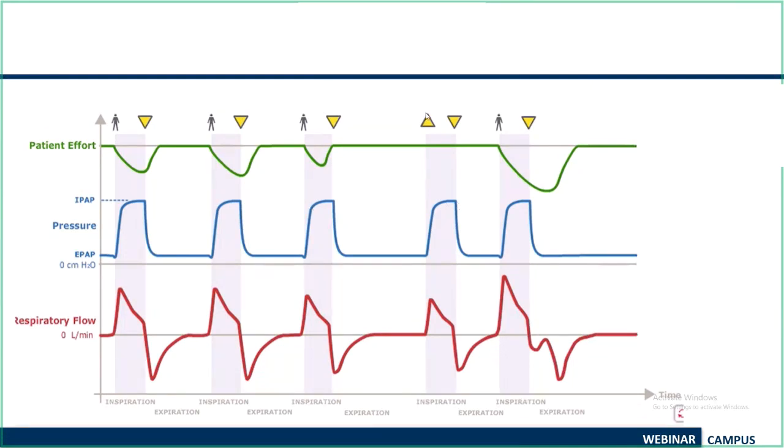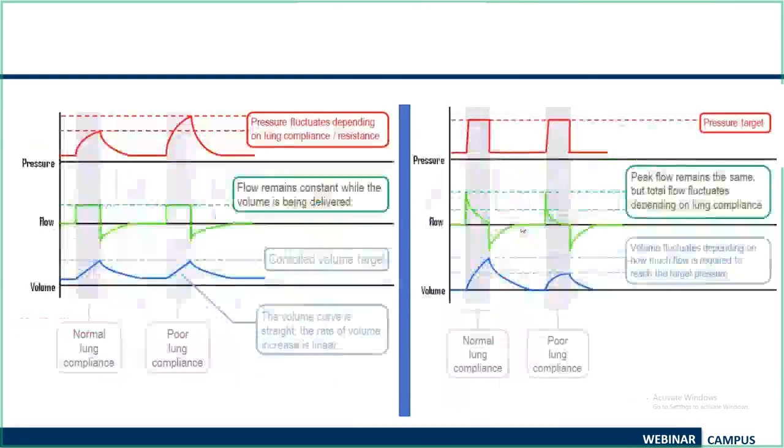Then the machine will sense that, because the rate we have already set, and the machine will deliver the breath. Here you can see the machine-delivered and the patient-triggered breaths are of the same quantity. In the sense, the volume or the pressure will be the same depending on the mode you are selecting. Then again, if the patient is breathing, the machine will sense that and deliver. This is the assist controlled breath.